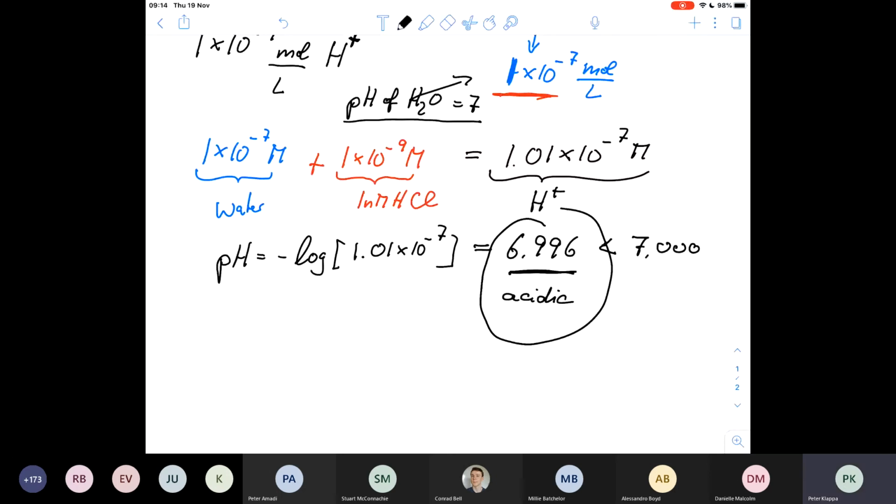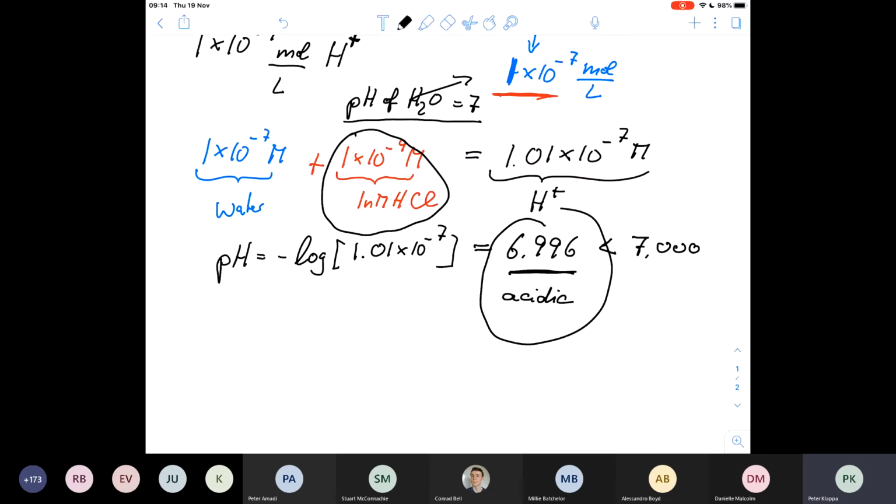Hallelujah. Praise the Lord. The world is good. Life is good. We have an HCl, we have an acid, and it still stays acidic. The water doesn't act as an acid in this case. It is still the hydrochloric stuff that tips it into the acidic range.